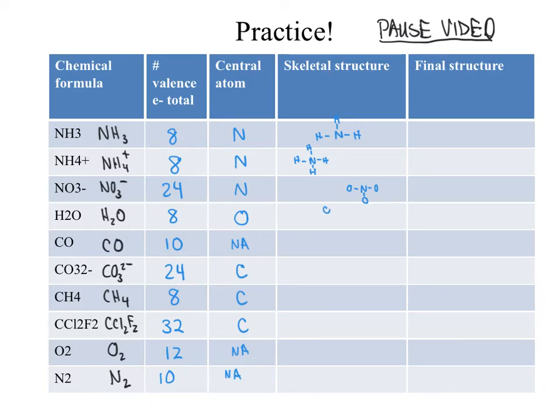For water, oxygen's in the middle, hydrogens are off to the side. For CO, just 2 atoms connected together. For carbonate, carbon's in the middle, oxygens are around the carbon. For CH4, carbon's in the middle, I've got 4 hydrogens around my carbon.